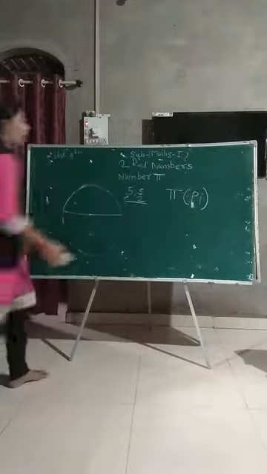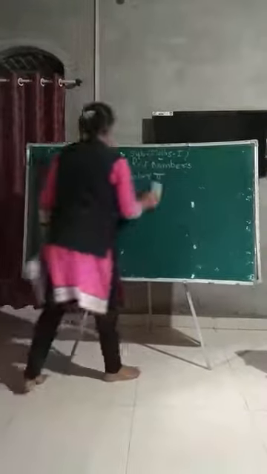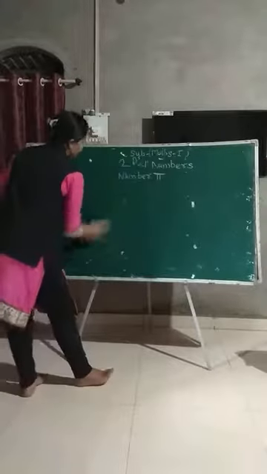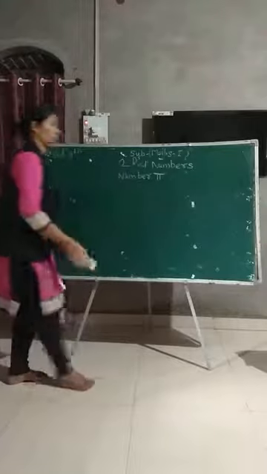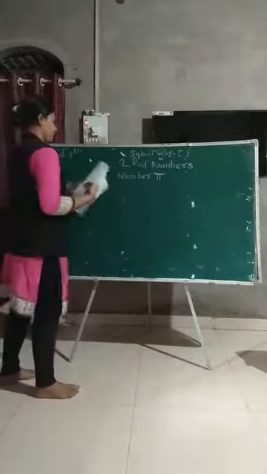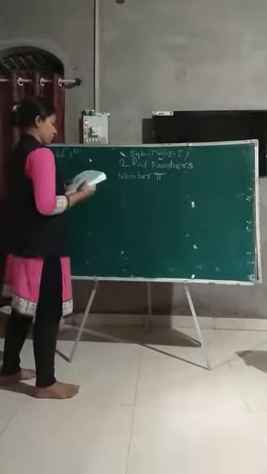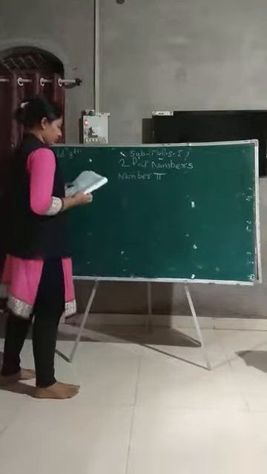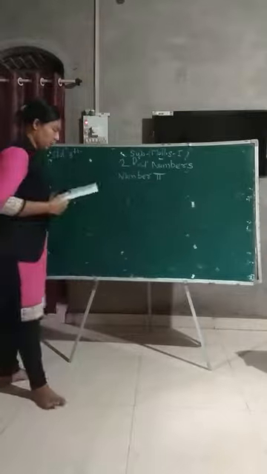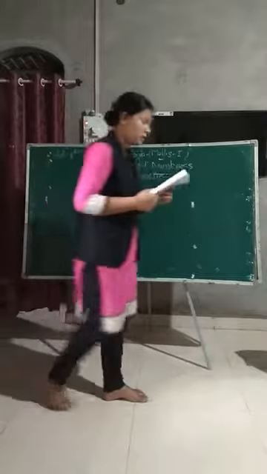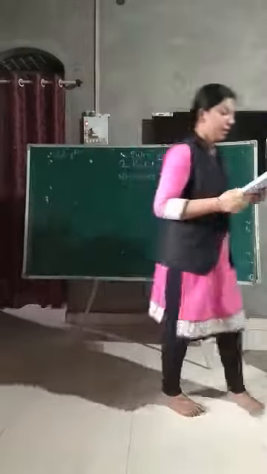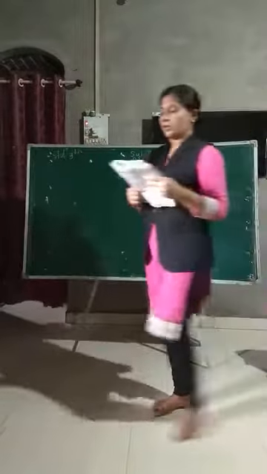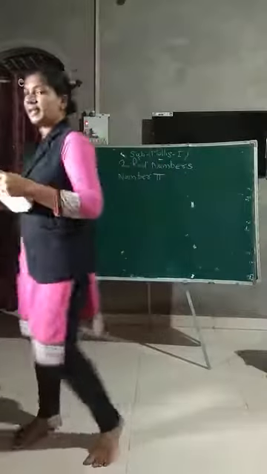Complete this activity and note down the ratio, that is C upon D. Here circumference is given, then find diameter from circumference, then take the ratio of C and D.